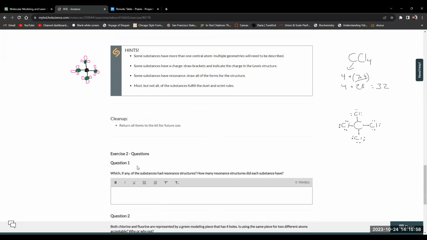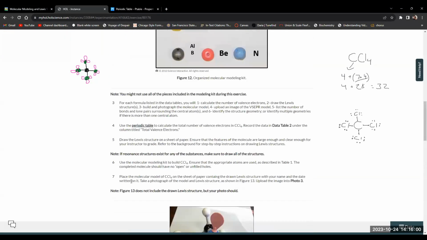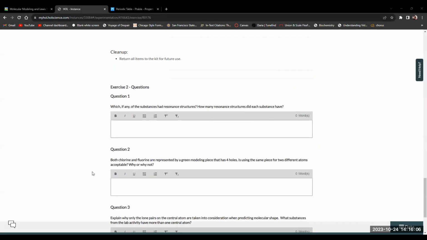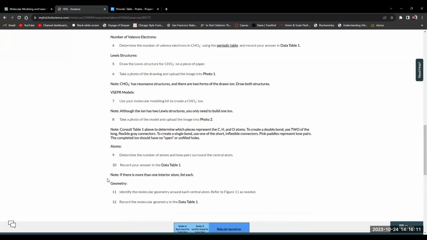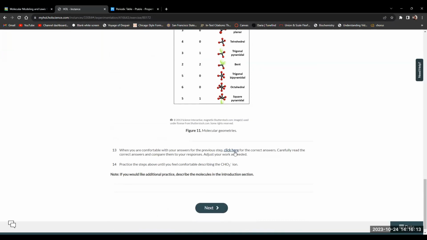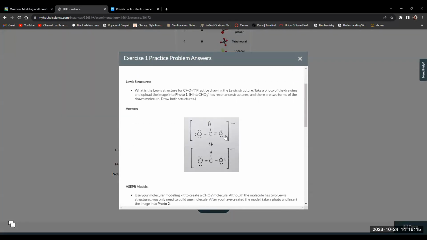So let's show the resonance structure. I'm going to clear the page. Here, okay, here it is. This is what it means by resonance structures.